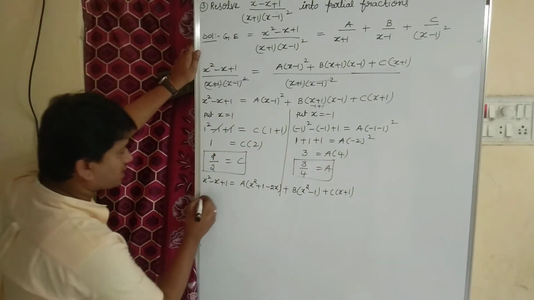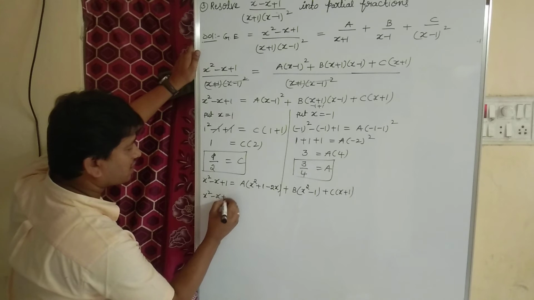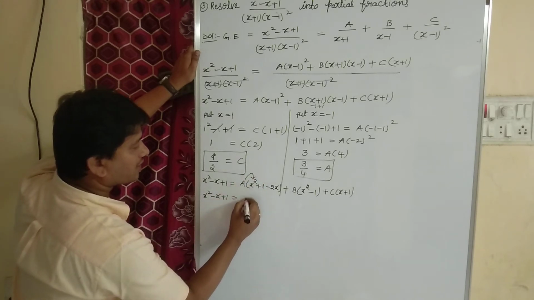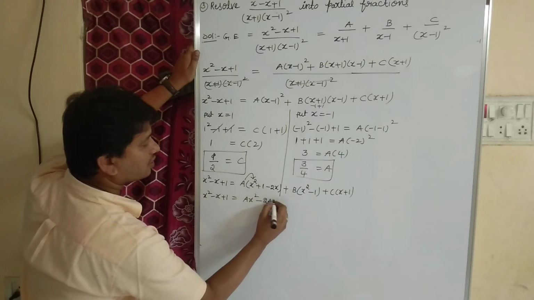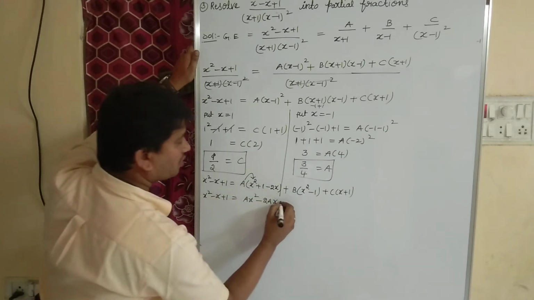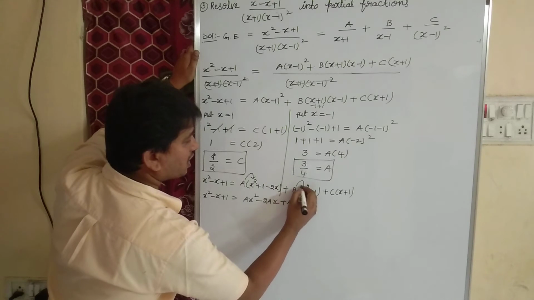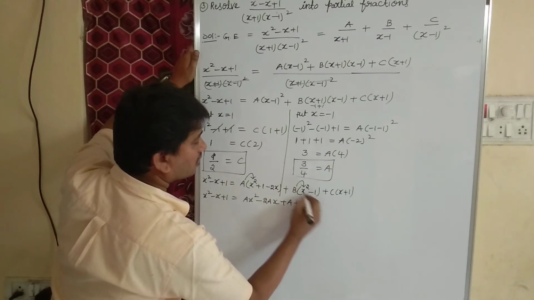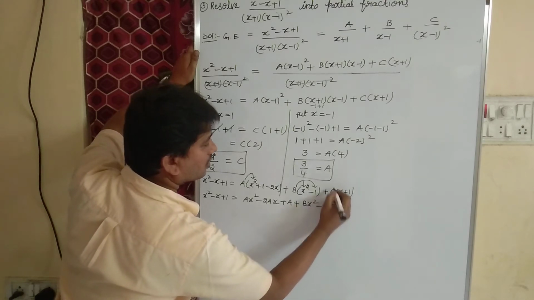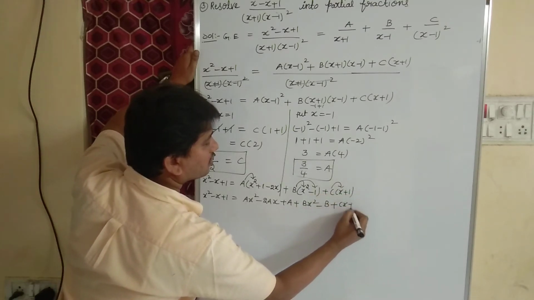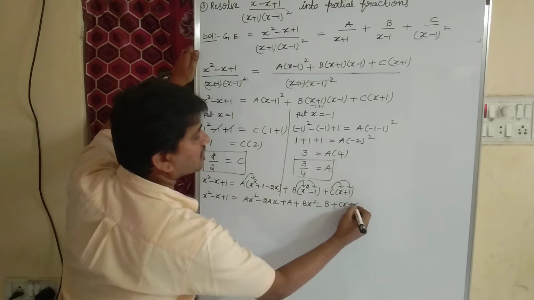Right? So x square minus x plus 1 equals a into x square, ax square minus 2ax plus a into 1, a plus b into x square, bx square minus b into 1, minus b, plus c into x, cx plus c into 1, c, children.